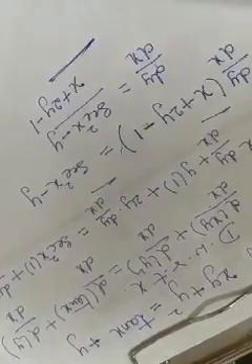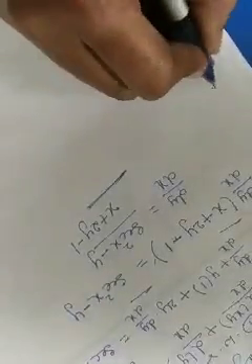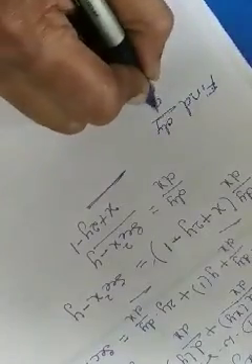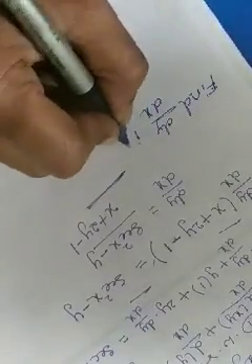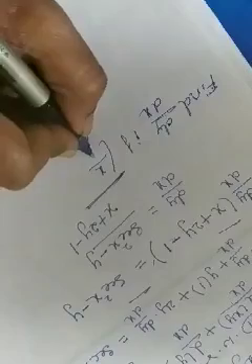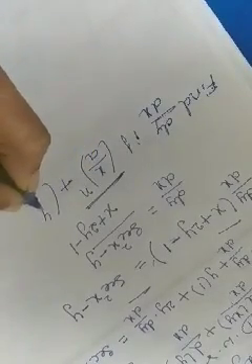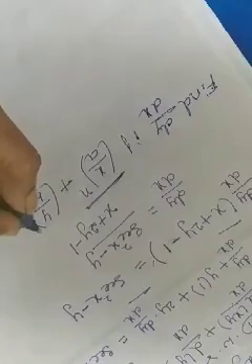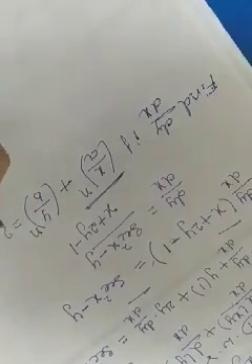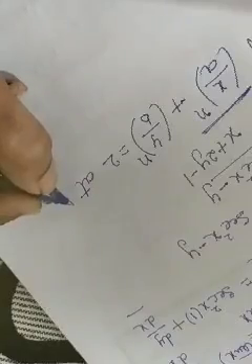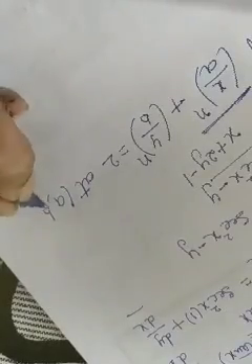Next, find dy by dx if x by a whole raised to n plus y by b whole raised to n is equal to 2 at a comma b.